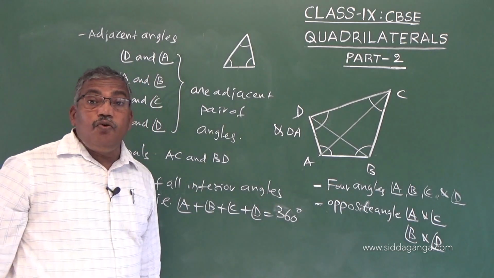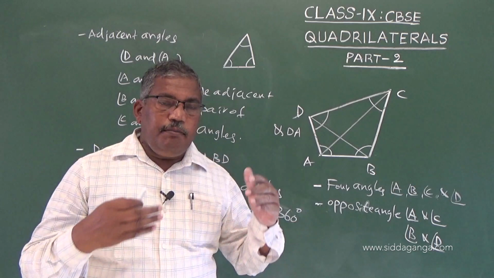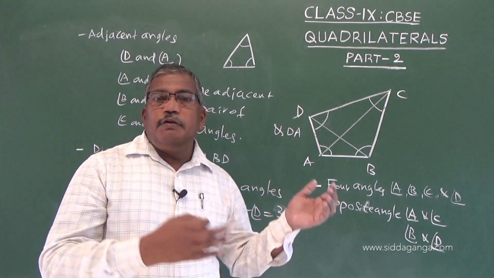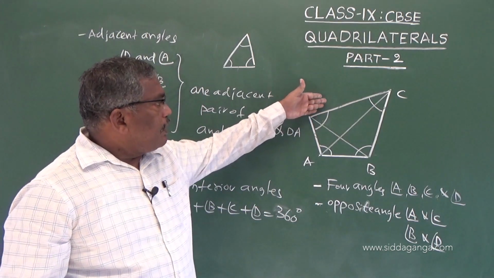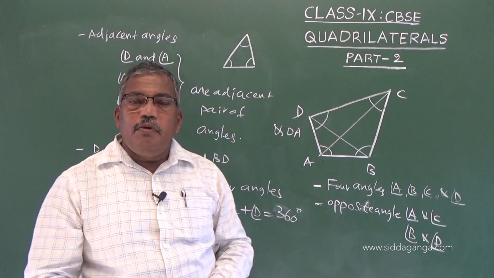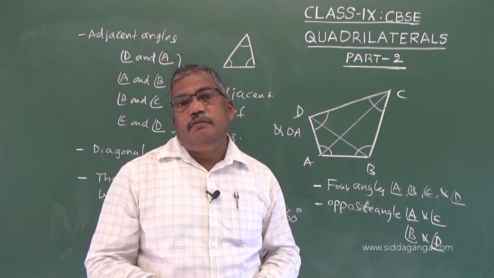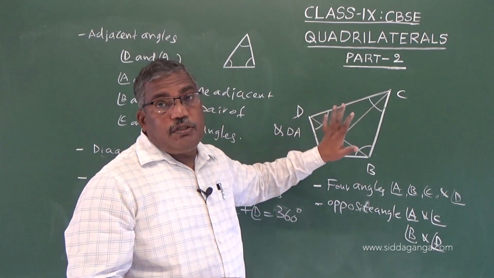So, this is true for all types of quadrilaterals. It may be a square, it may be a rectangle, it may be an irregular quadrilateral like this, it may be a parallelogram, it may be a kite. So, it may be a rhombus.